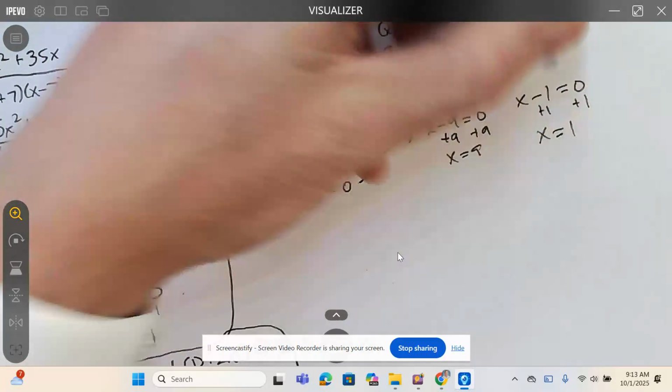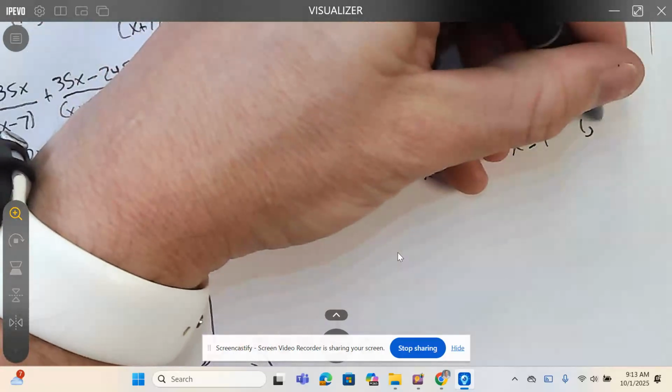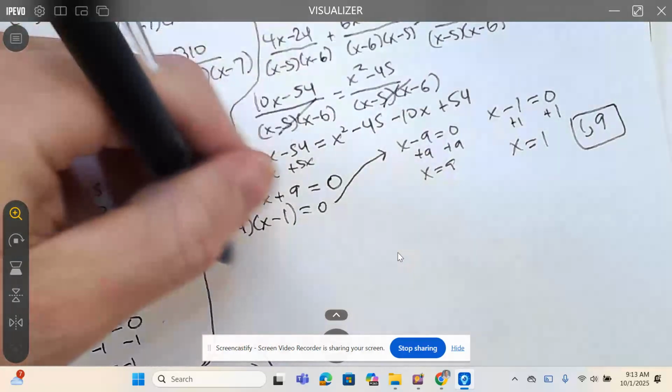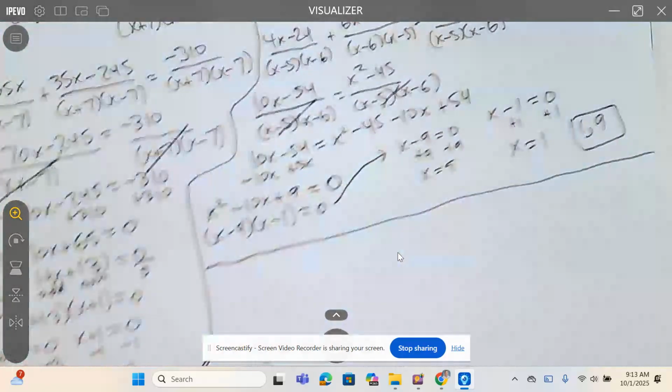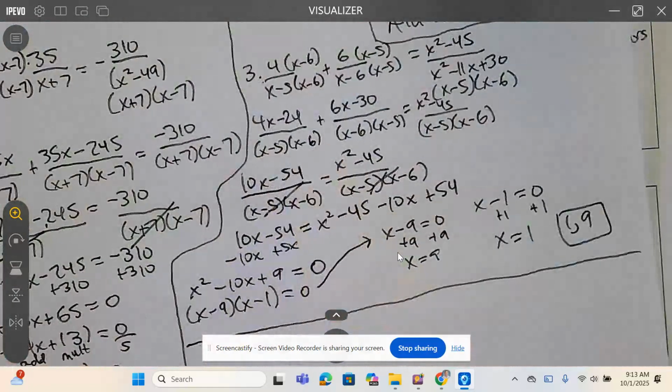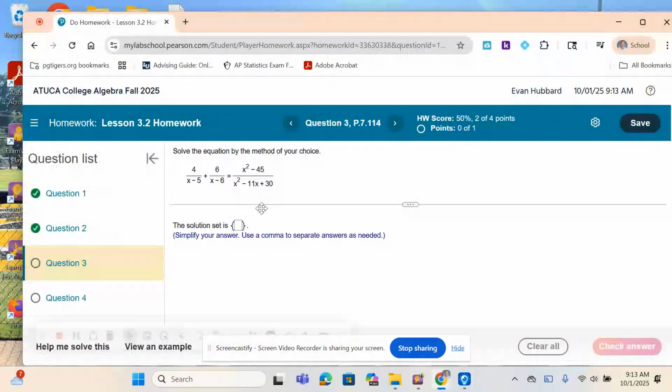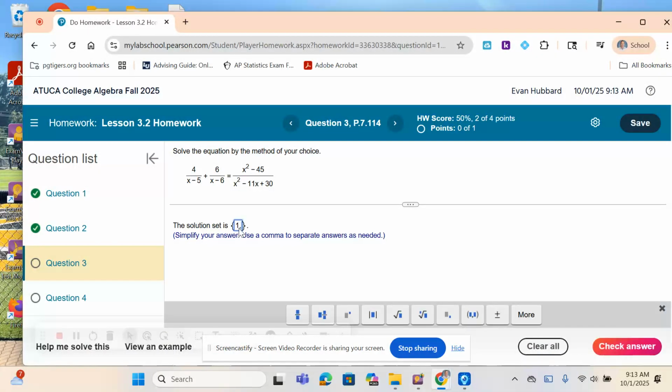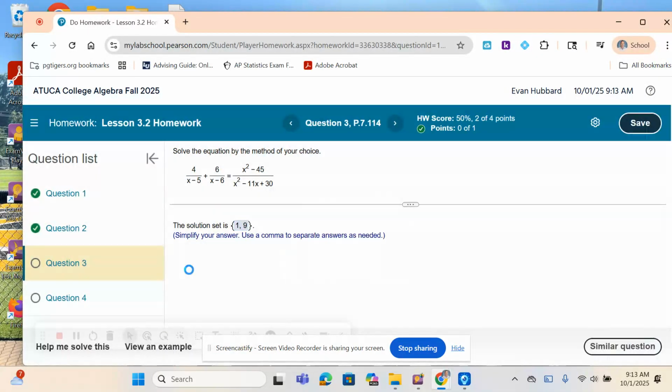This equals 1. So it'd be 1 and 9. Check that it's not excluded. 5 and 6 are excluded, so we don't worry about that. It's 1 and 9. Gosh, I gave y'all not nice ones.